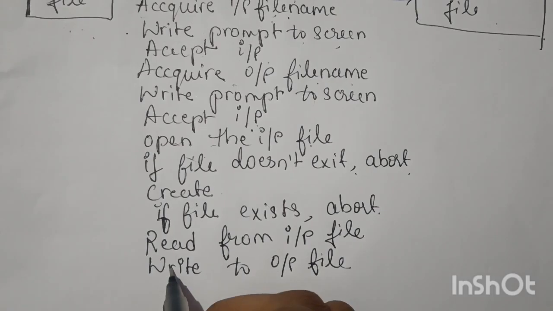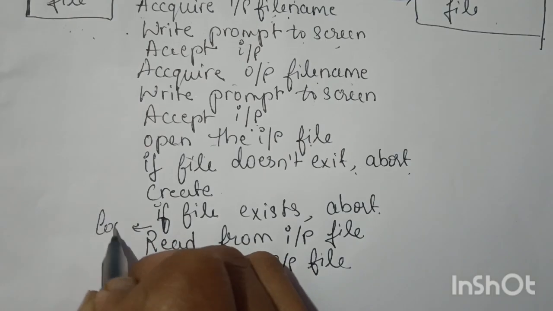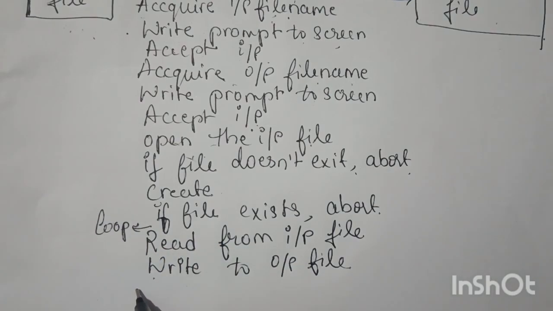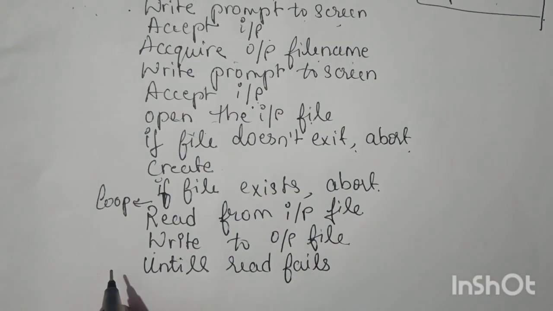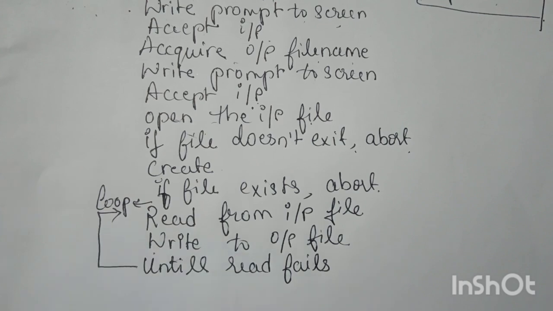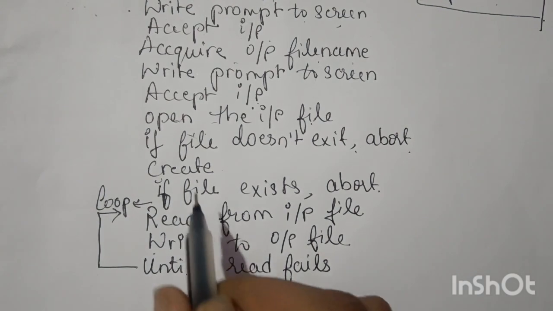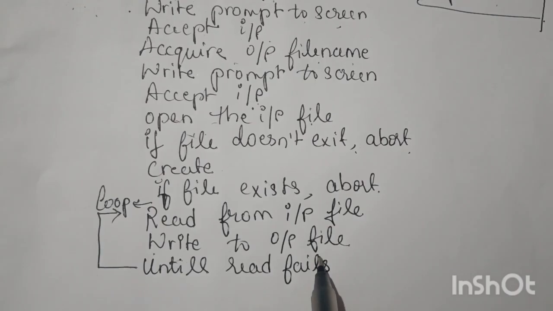Now this reading and writing will be continued, so I will create a loop here, a while loop, until the end of the read file. So until where? Until read fails. Why does read fail? The system call will see the end of the file. You remember EOF: we keep reading the entire file until there is nothing left to be read.